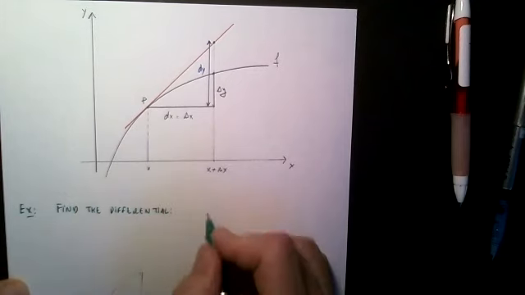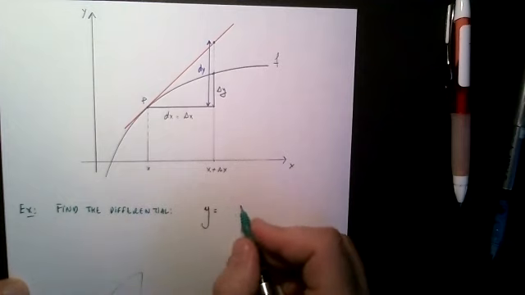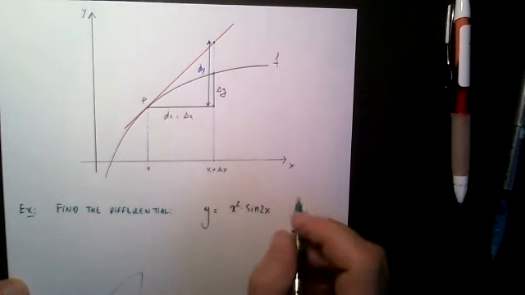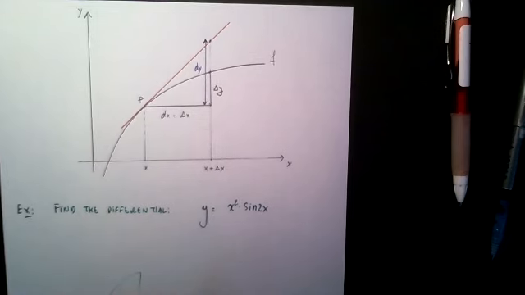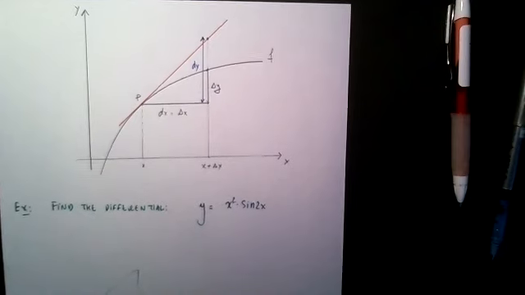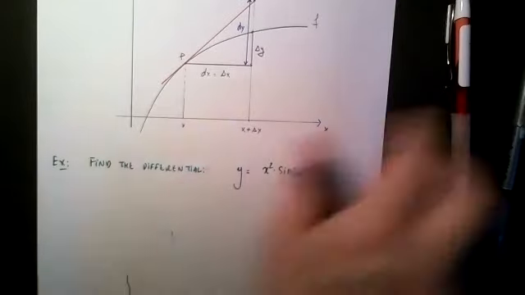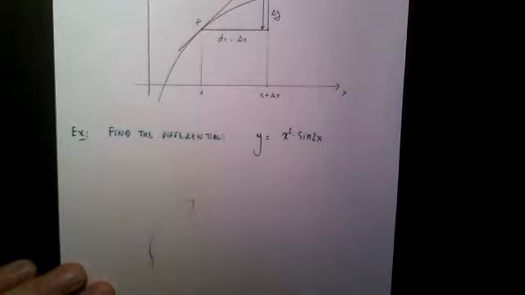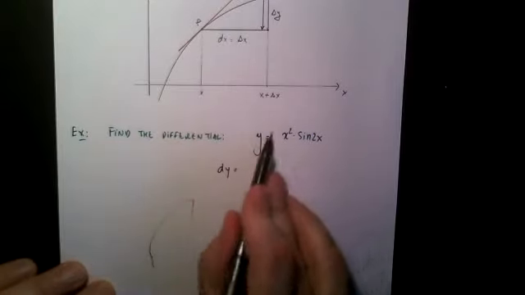This one's okay. y equals x squared times sine 2x. So basically, dy will be the derivative of this.